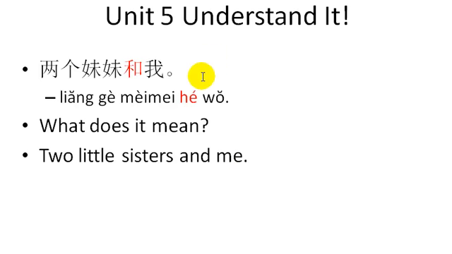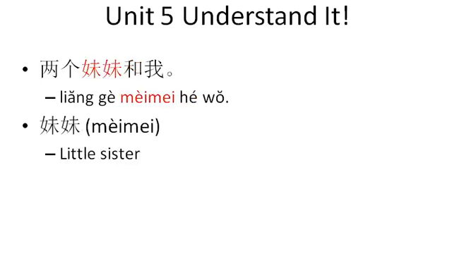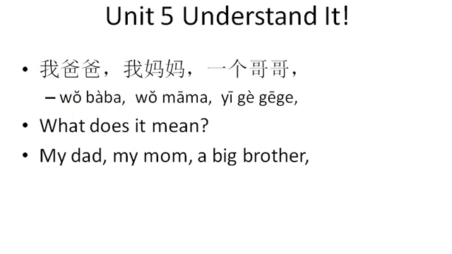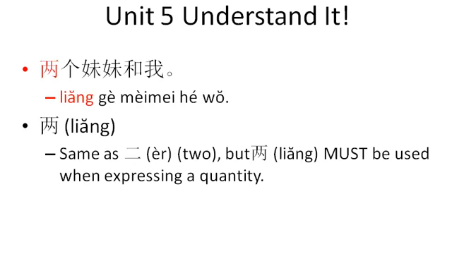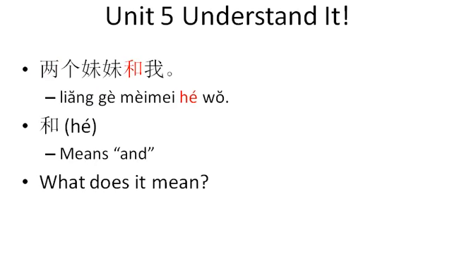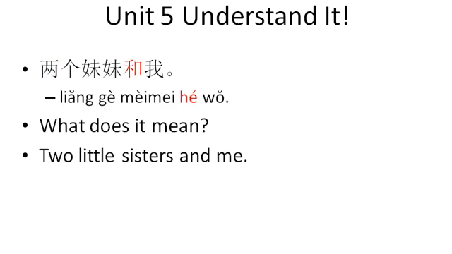So the whole sentence, if you're following along in your book, we had 我爸爸，我妈妈，一个哥哥，两个妹妹和我. And there are the people in our family.